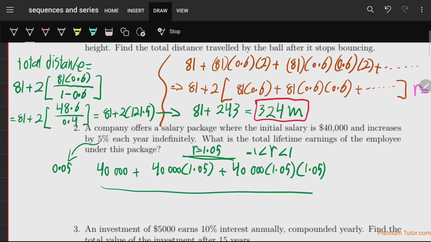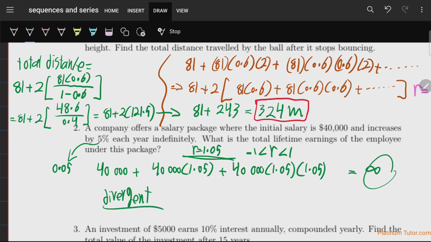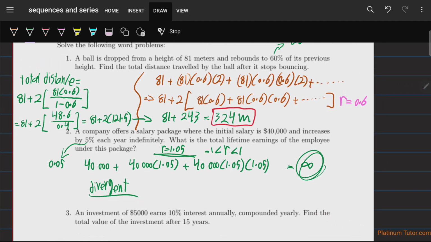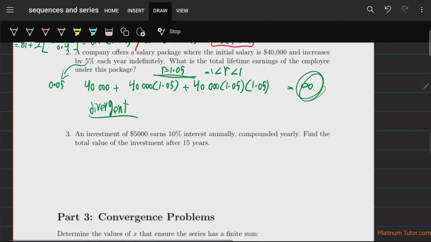And you can see this, the salary is increasing every year for infinity. So the sum here is going to be infinity, right? So this is actually going to be a divergent series, okay? And the answer is infinite money, which is a very nice salary if you live forever.